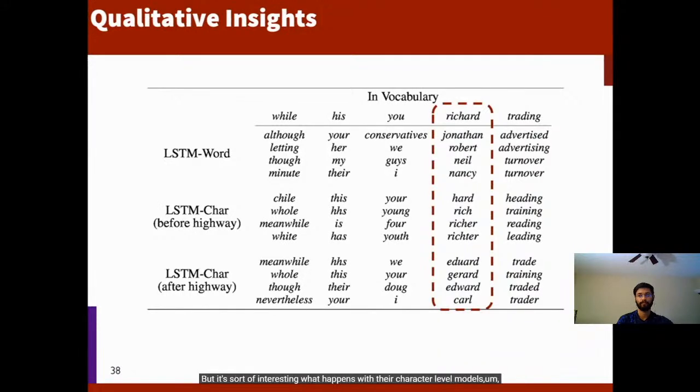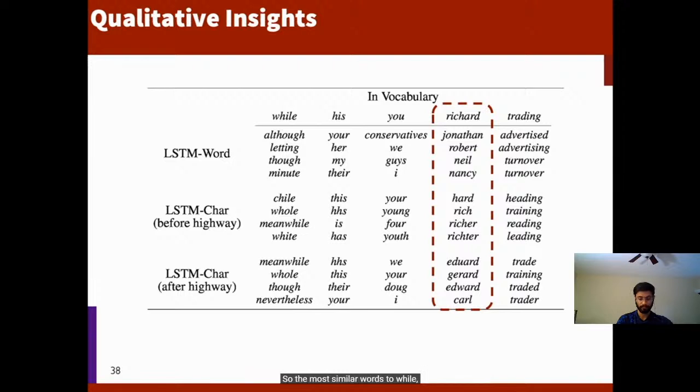But it's interesting what happens with their character level models. First of all, you remember they had the character embeddings that went through the convolutional layer and the max pooling. And if at that point you ask what things are most similar, it's still remembering things about characters.